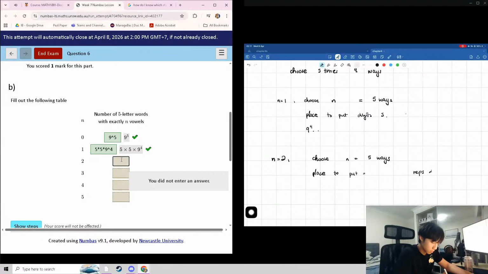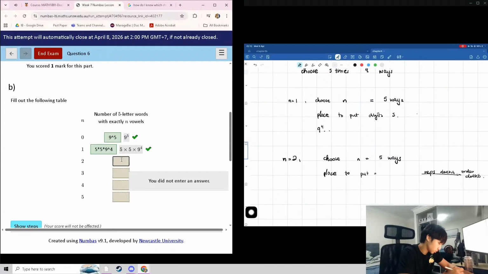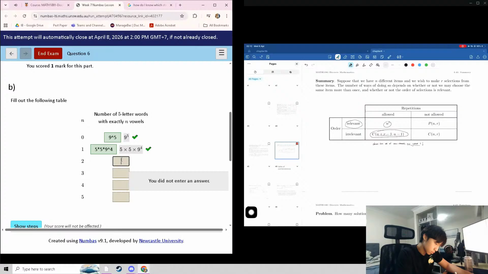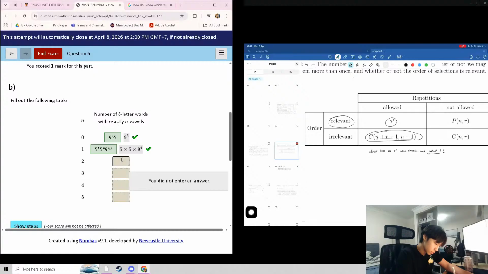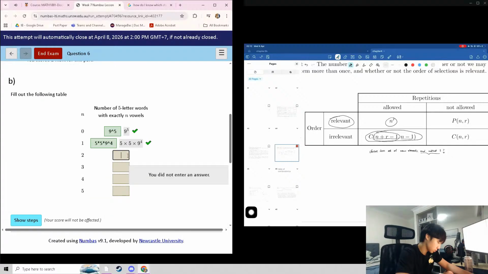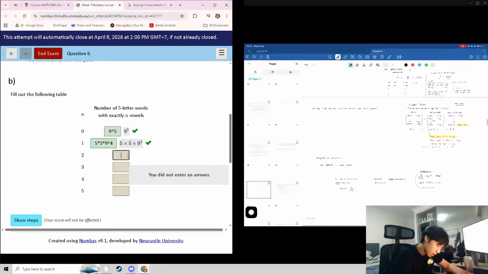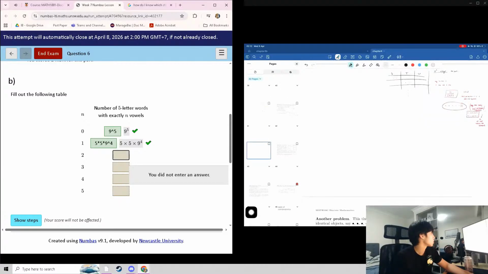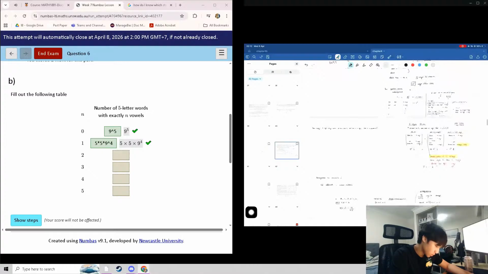No, it doesn't matter. Order doesn't. So this one. C plus F. C plus N minus R.